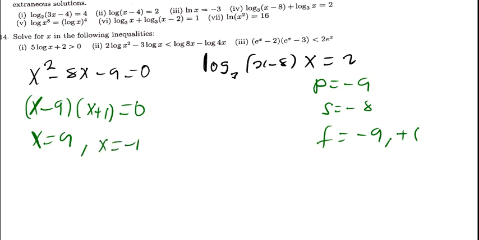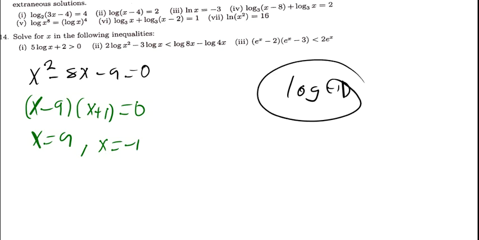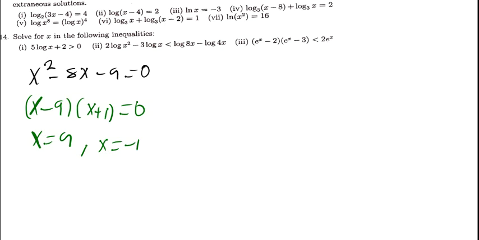Now, let's go ahead and check. You can never have log of a negative, it is undefined. So if I start plugging in the values, if I put 9 where there's x, it's going to be 9 minus 8, which is okay, and 9 is positive. But when I put negative 1, it's going to be negative 1 minus 8, which gives me negative 9, and there is going to be negative 1.